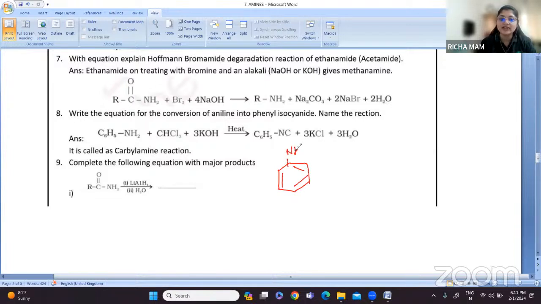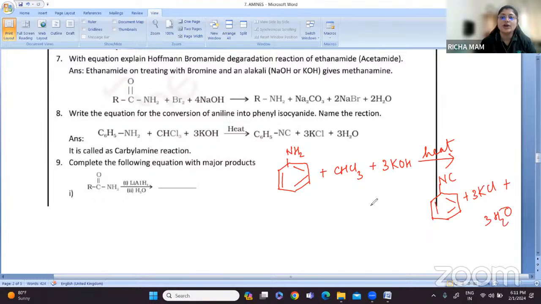So I'll write the reaction: aniline plus chloroform CHCl3 plus 3KOH, when you heat it, you get C6H5NC, with a triple bond between N and C, plus 3KCl plus 3H2O. This is the carbylamine reaction.